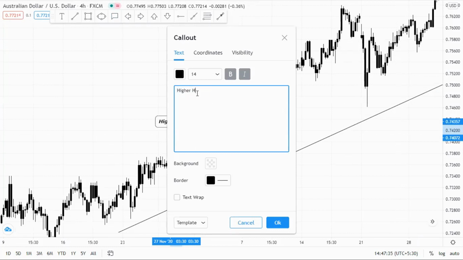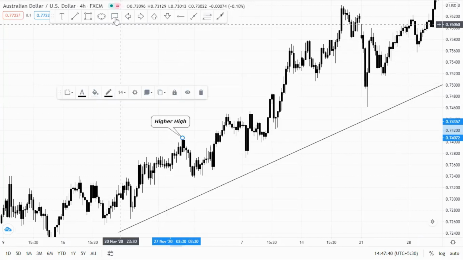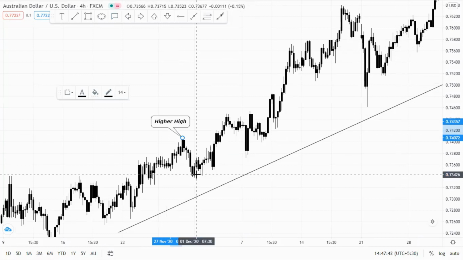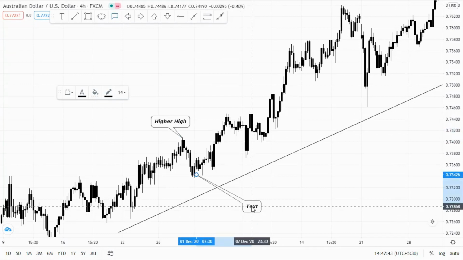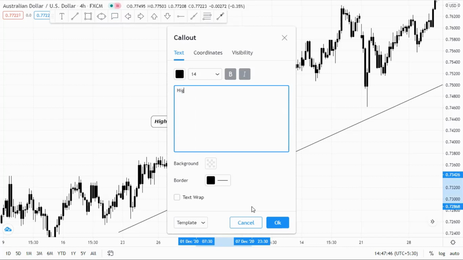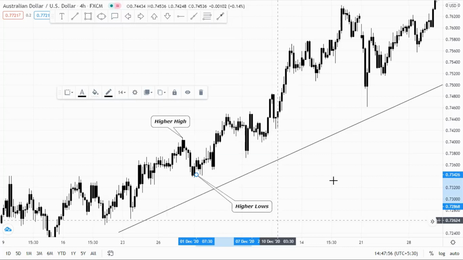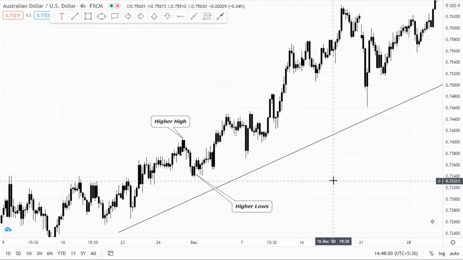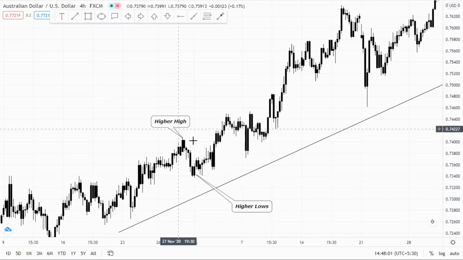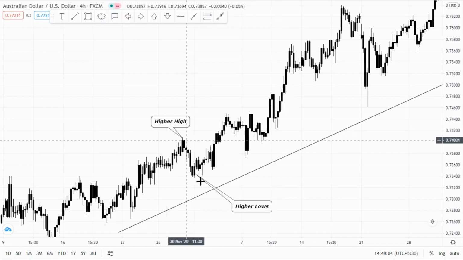Higher highs and higher lows. So when you want to identify what an uptrend is, you have to be looking for these characteristics, where there are high points and low points.